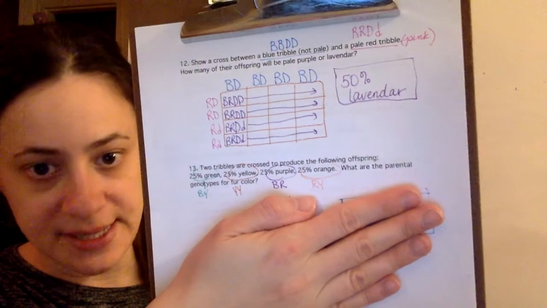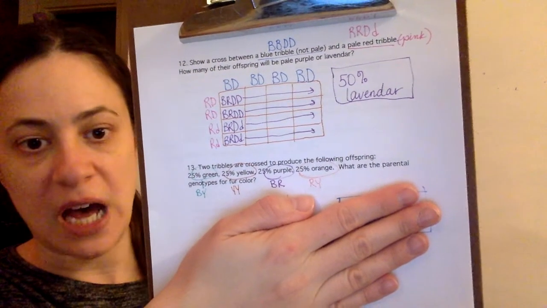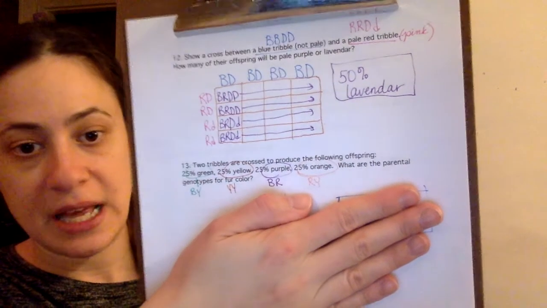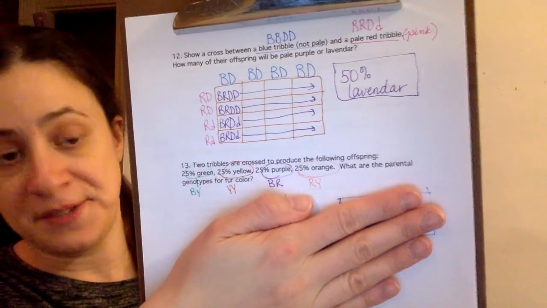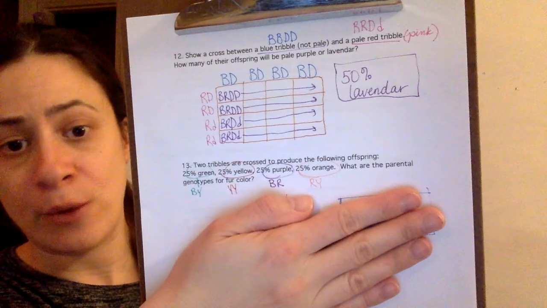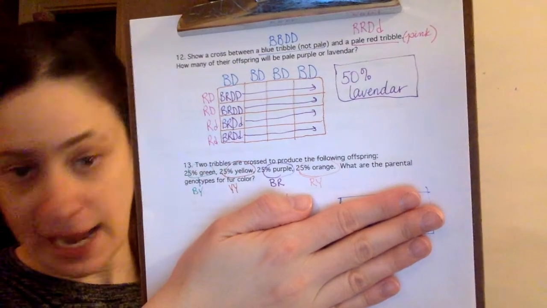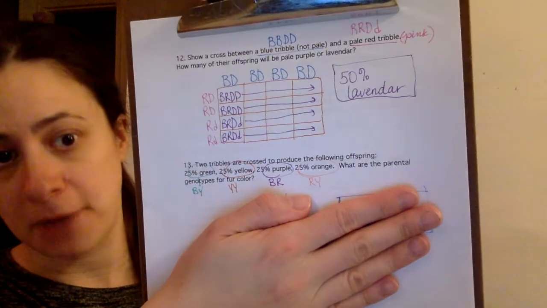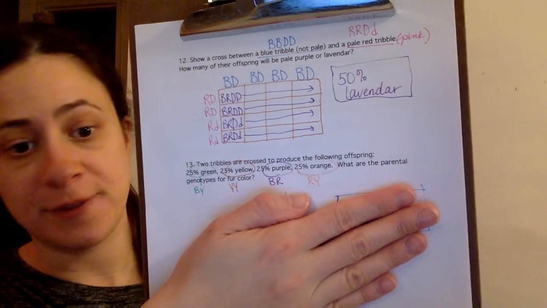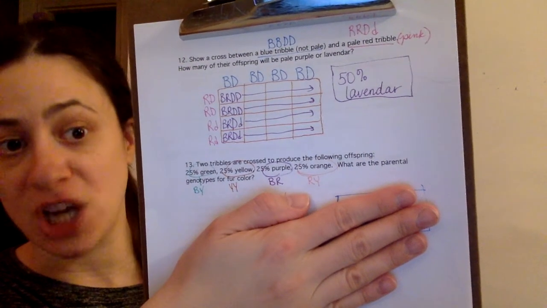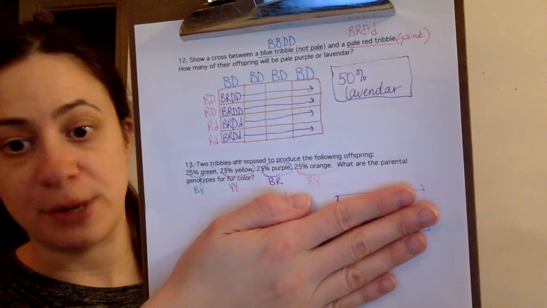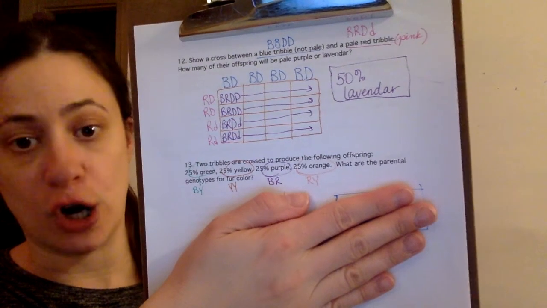So as you can see here, 25% green, those offspring would have the genotype BY. For the yellow offspring, they would have a genotype of big Y. For the purple offspring, they would have a genotype of BR. For the orange offspring, they would have a genotype of RY.